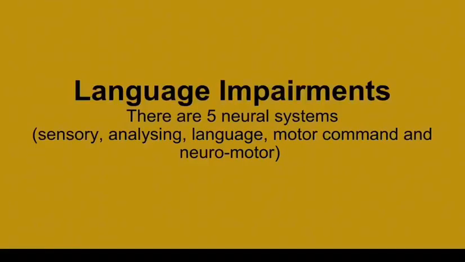Now, these systems are very vital, and if they are damaged in any way, it could result in language impairment, such that if the sensory system is damaged, we could have sensory impairment. If the language system is damaged, we could have language disability. If the motor command is damaged, we could have inability to articulate speech sounds.